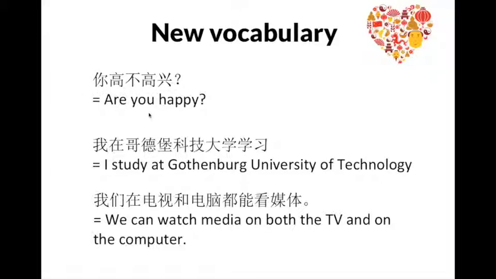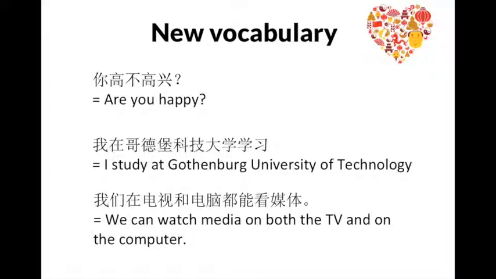A Chinese person would understand that, but they would not say it themselves. Because when you use this alternative way of asking questions, then you cut these two character words in half in the first alternative. So you say 你高不高兴 when you actually mean 你高兴不高兴. But you just cut it short because it's easier to say. So 你高不高兴? Are you happy?